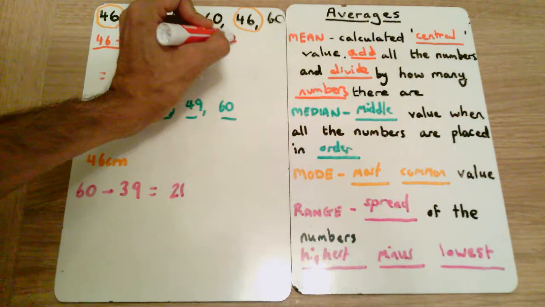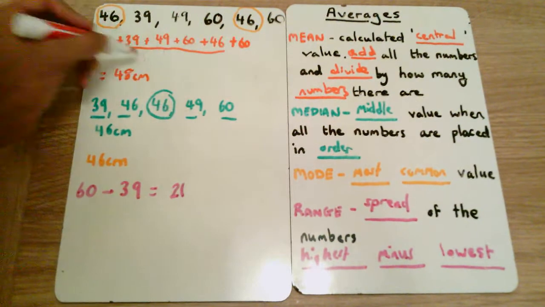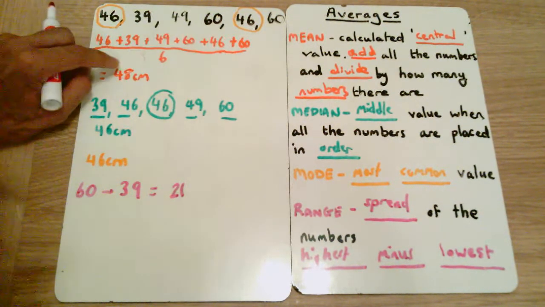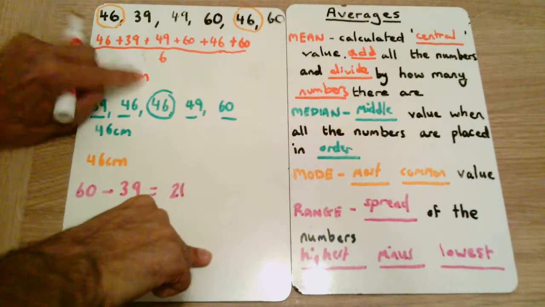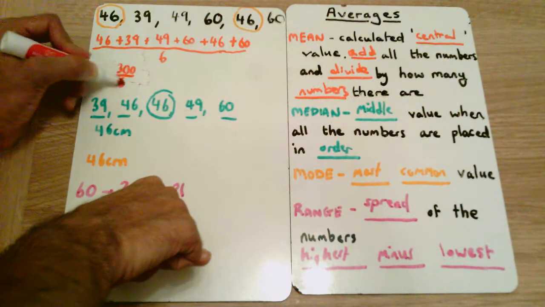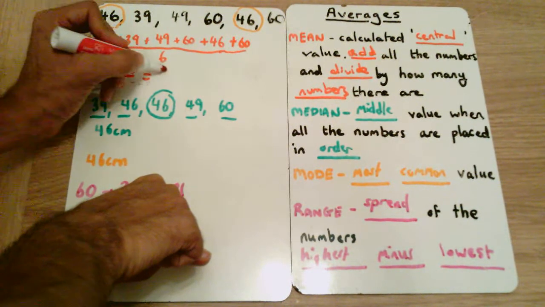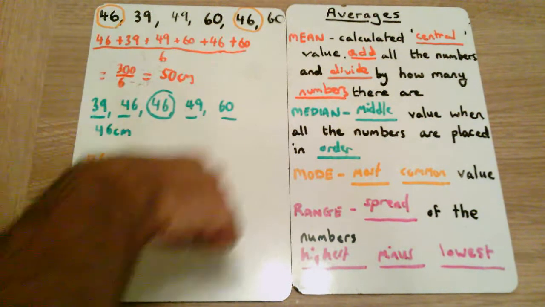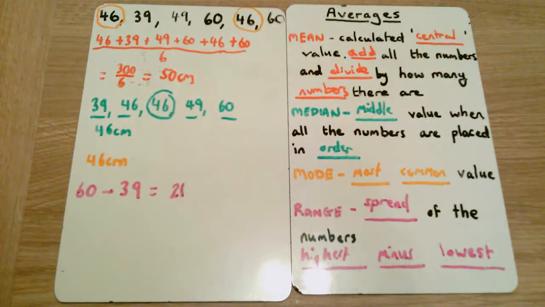So if we add 60 and then divide by 6, we actually get 300 divided by 6, which is 50 centimeters. So actually the average has gone up, and that's because we've added a really tall plant. So our average for the height has gone up.